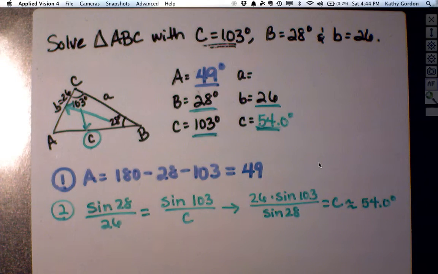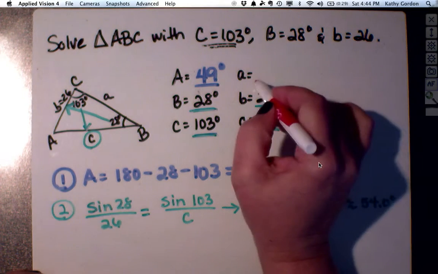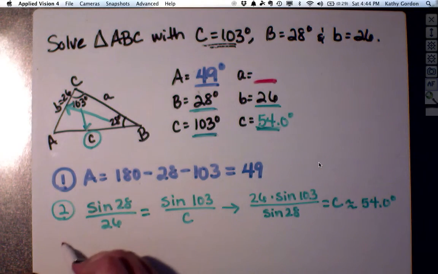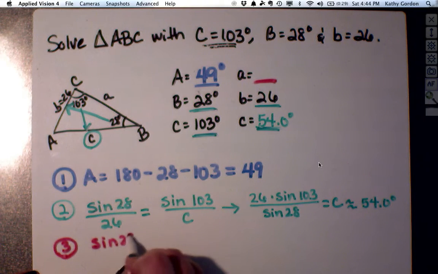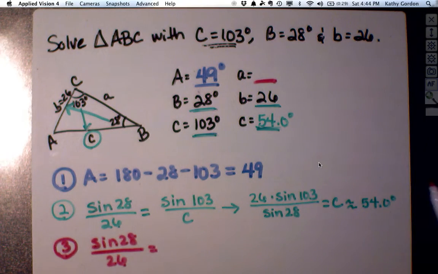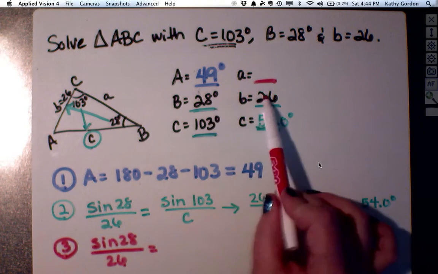Okay, finally, we need to find side A. And we're going to do the same thing that we did with side C. We're going to use the sine of 28 over 26 as my first ratio, because that's measurements that I know right here with 28 and 26.